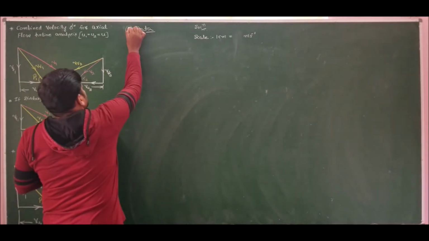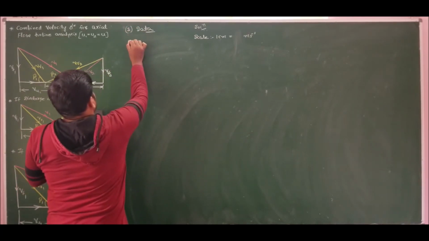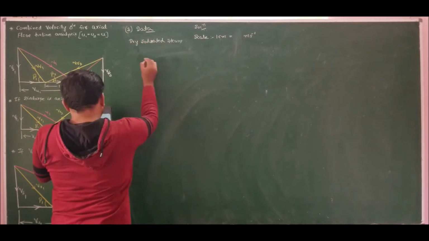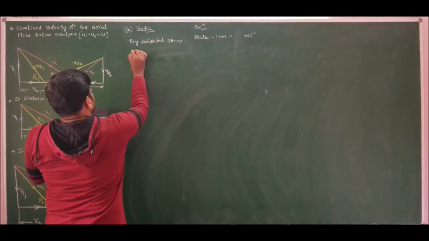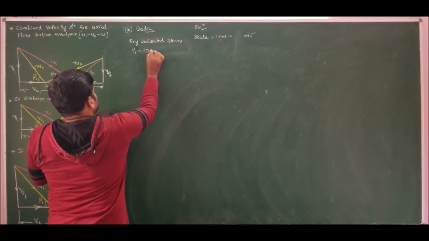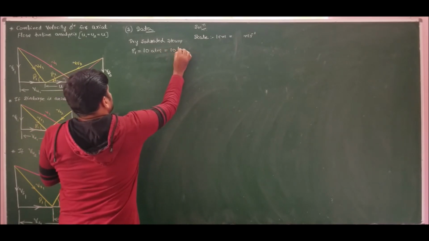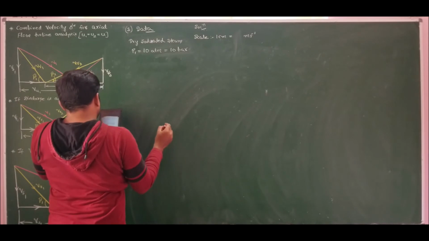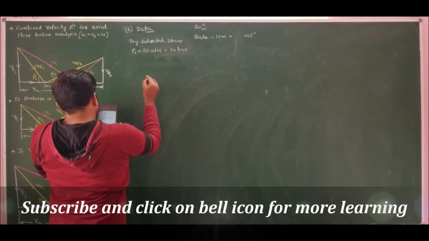If I list the data given: dry saturated steam, very important, at 10 atmospheric pressure. So P1 is given as 10 atmospheric pressure, which is nothing but 10 bars, is supplied to a single rotor, with the condenser pressure being 0.5 atmosphere.